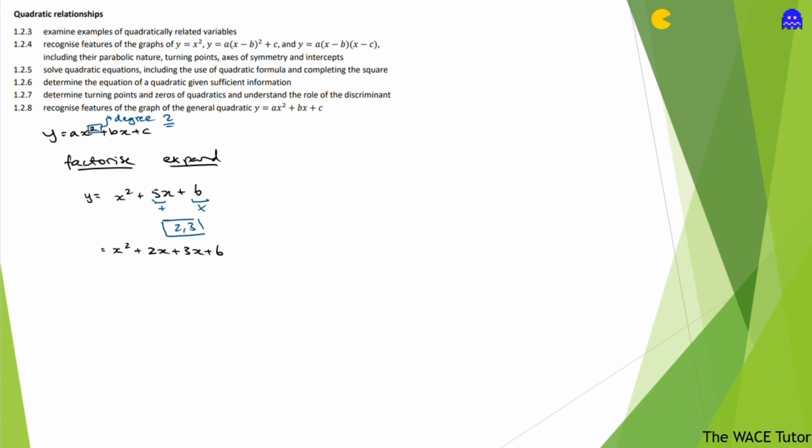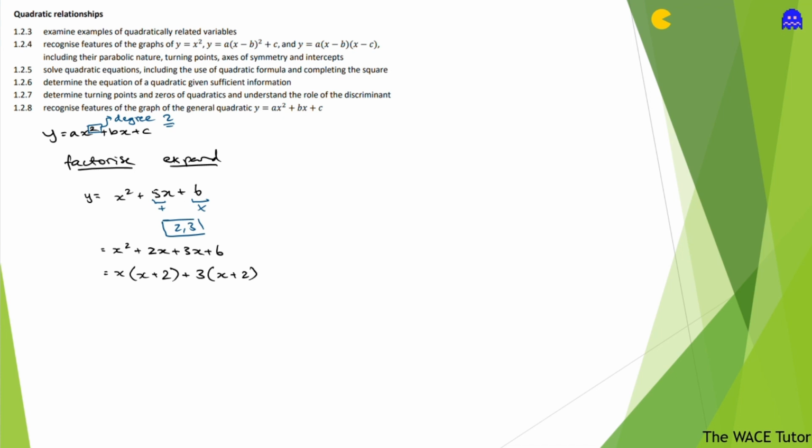These two terms share a common factor, namely x. So we can factorize according to x: x times x equals x squared, plus 2 times x equals 2x. Then these share a common factor of 3, so we have 3 times x plus 2.